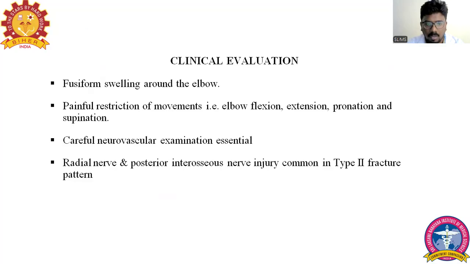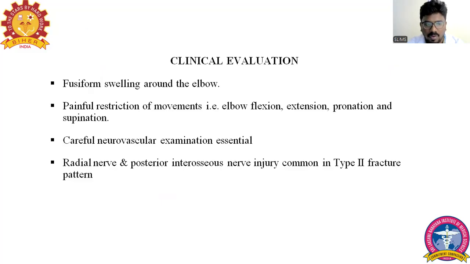How should you examine? We should check the distal pulse to check the intactness of the neurovascular structures, and carefully examine the neural structure, which is the PIN. You can ask the patient simply to extend the finger and the wrist to examine for PIN palsy. PIN injury will cause finger drop, whereas radial nerve injury will cause wrist drop. Radial nerve and posterior interosseous nerve injury are common in type 2 fracture, as I already explained.